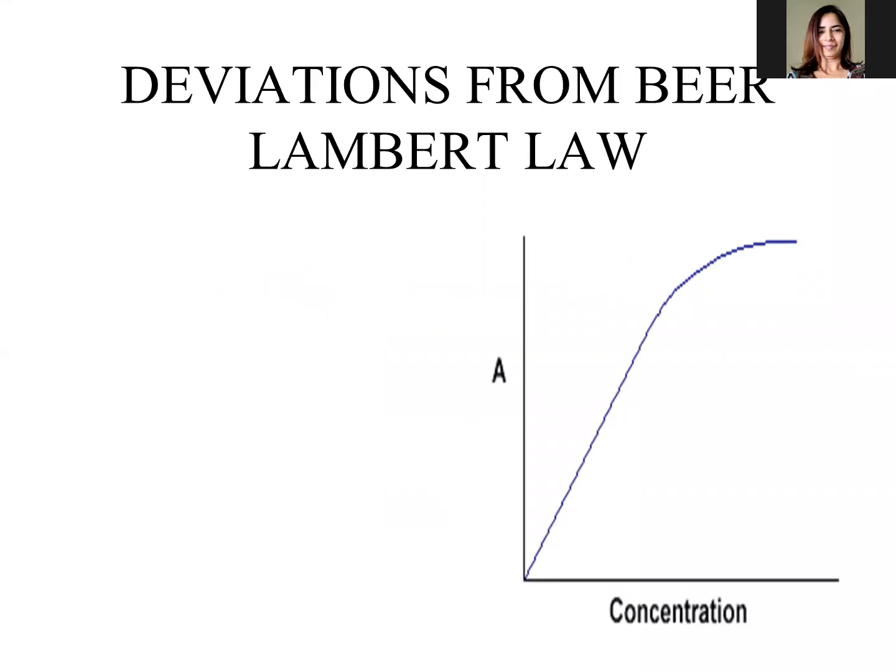There are certain limitations of the Beer-Lambert law. This law is obeyed only at a lower concentration. When solute and solvent form complexes, or they enter into a sort of association, this law is not obeyed. Or when the concentration of the absorbing solution is very high, again the law deviates.